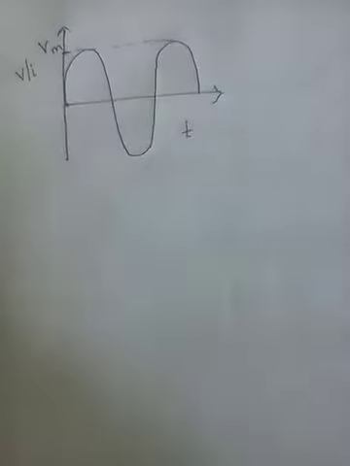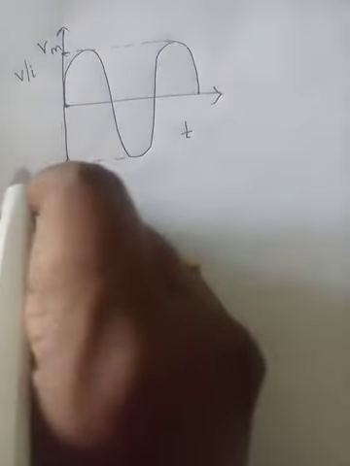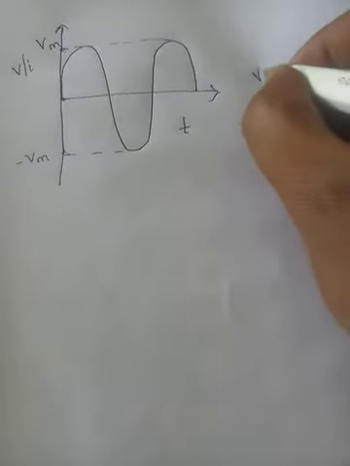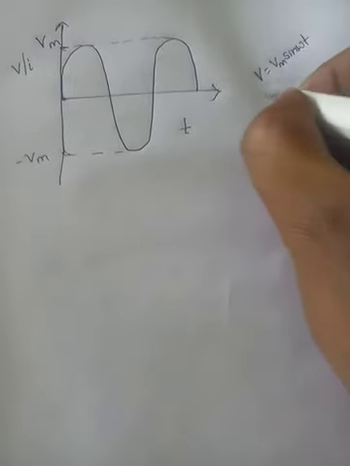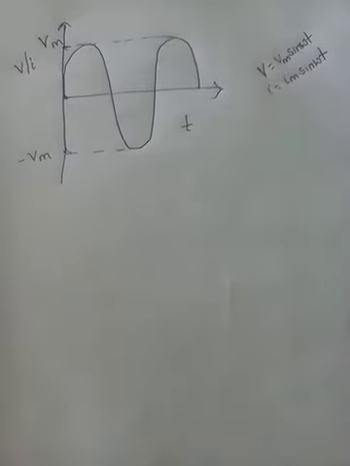The maximum or peak voltage flowing through the circuit is Vm, in either direction, so plus Vm here and minus Vm here, and we proved that V is equal to Vm sin omega t as well as I is equal to Im sin omega t.